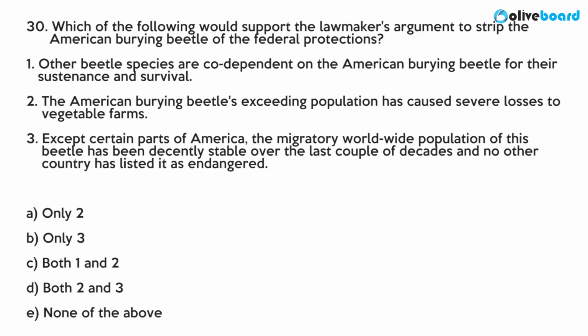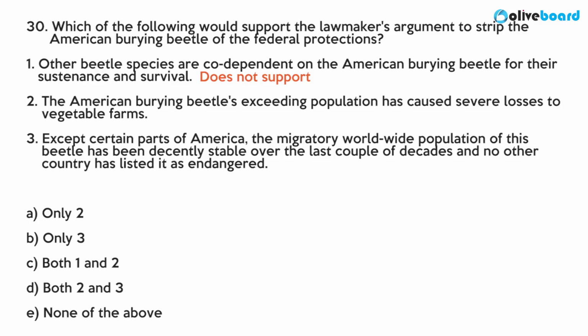Okay, in the options, the statement they have given is that other beetle species are codependent on the American burying beetle for their sustenance and survival. This gives an important fact that we cannot remove protections, because this is very important for the other species. So this is not giving a reason to strip the protections.